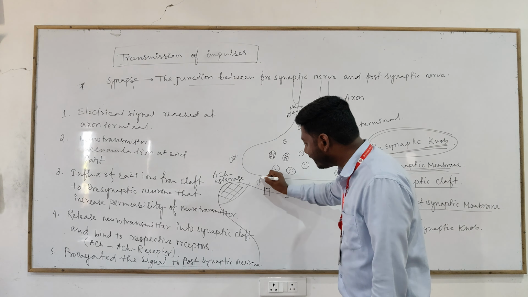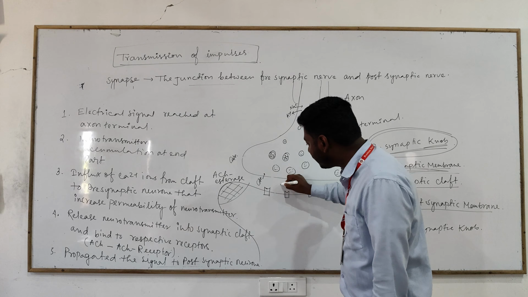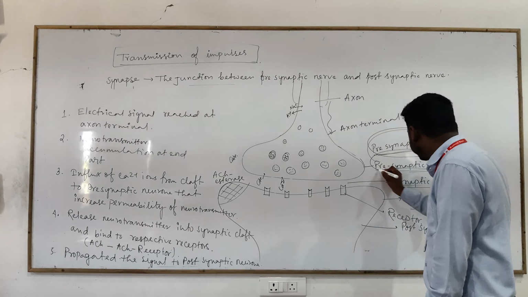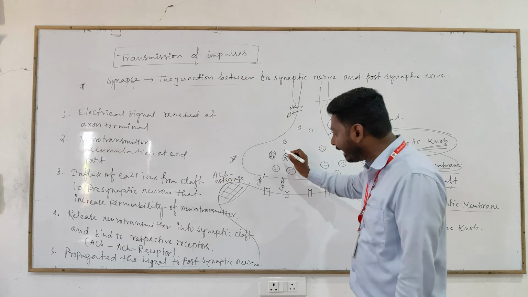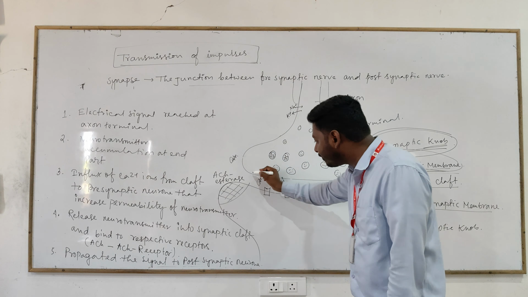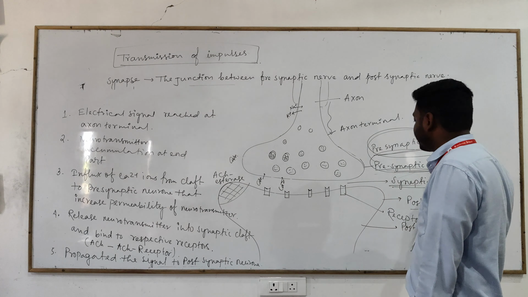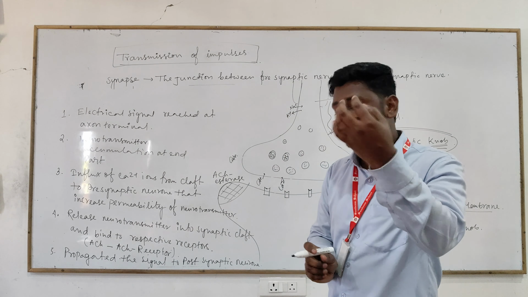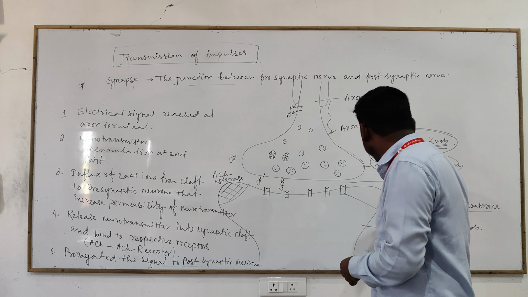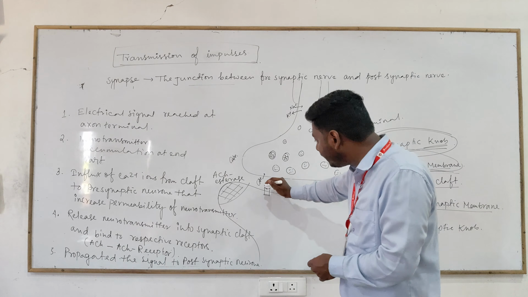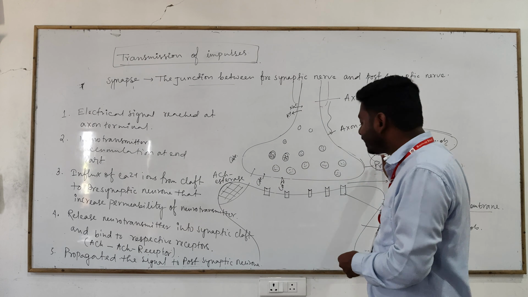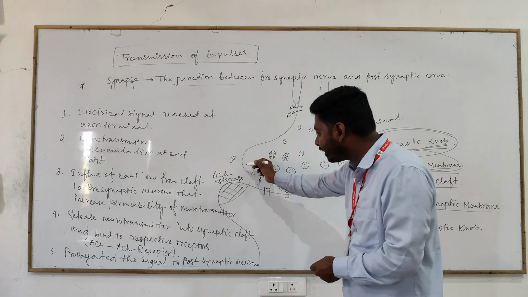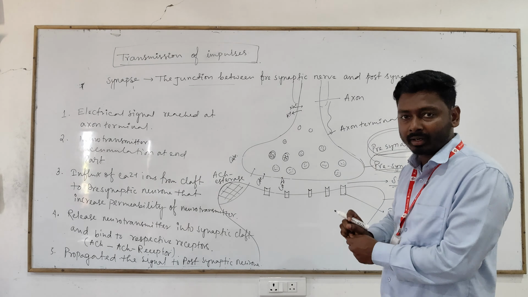Calcium ions enter through the presynaptic membrane, which helps increase the permeability of the presynaptic membrane. So what is the role of calcium? The calcium present in the synaptic cleft enters the presynaptic nerve part, which increases the permeability of the presynaptic membrane.